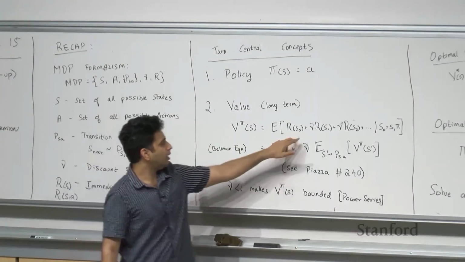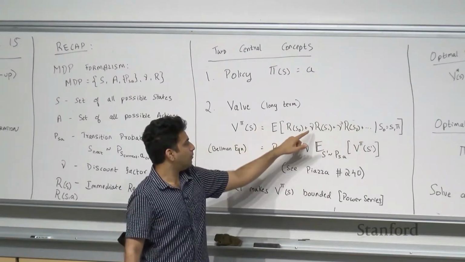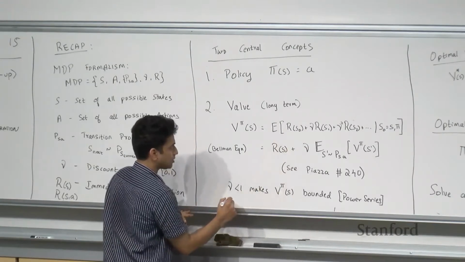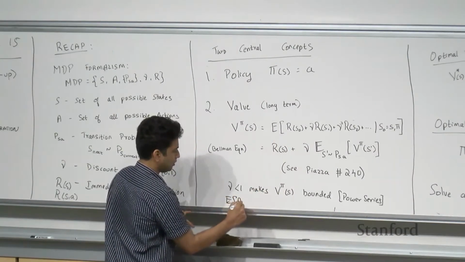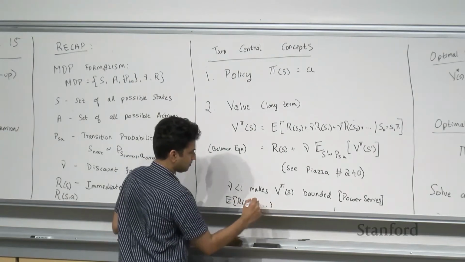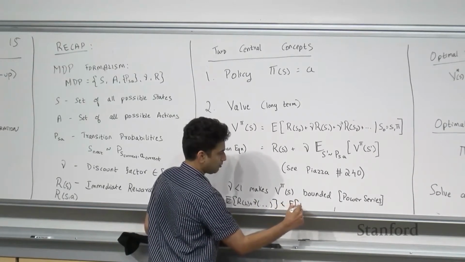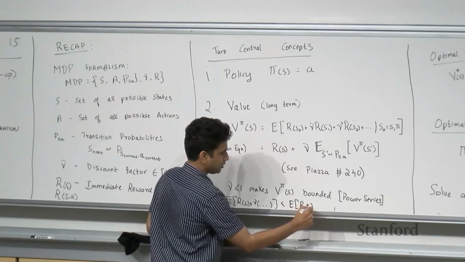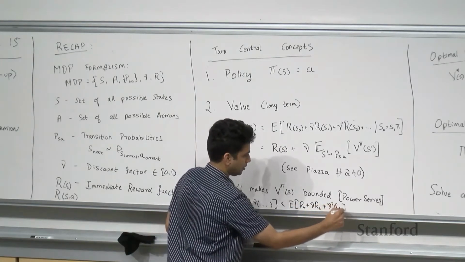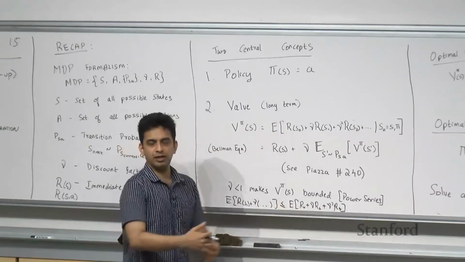We can show a quick proof here. This expected sum of rewards, R of S1 plus gamma times so on, will be less than the expectation of, I'm just going to call it R star, plus gamma times R star, plus gamma squared times R star, etc., where R star is the maximum possible reward that you can get in any possible state.